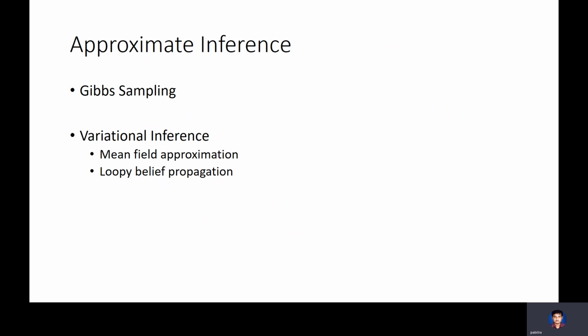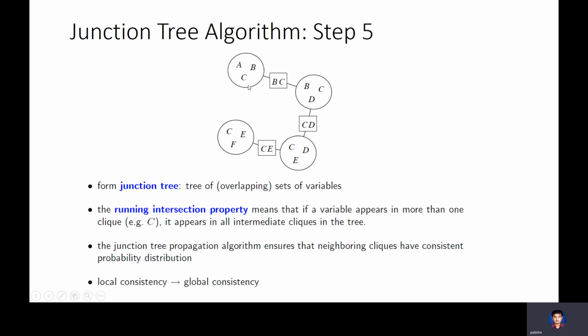All right, so now these two are again kind of exact inference. That means even though I have prepared this junction tree, I have made supernodes, but within the supernodes I am doing full summation. So finally, I will end up with an actual distribution, exact distribution.